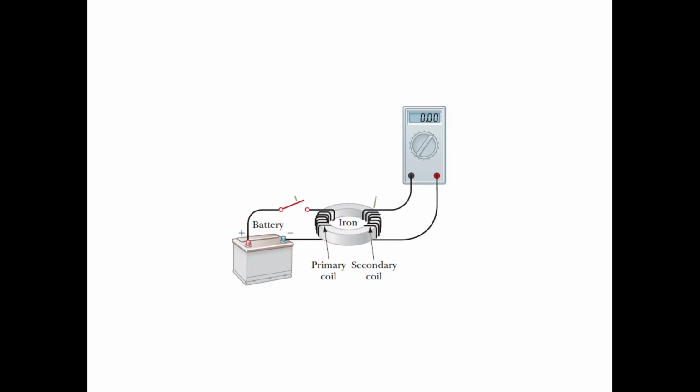However, just because of the time-variable magnetic field flux through this iron core, in the second coil we will see some induced electromotive force, or if we measure current, induced current.